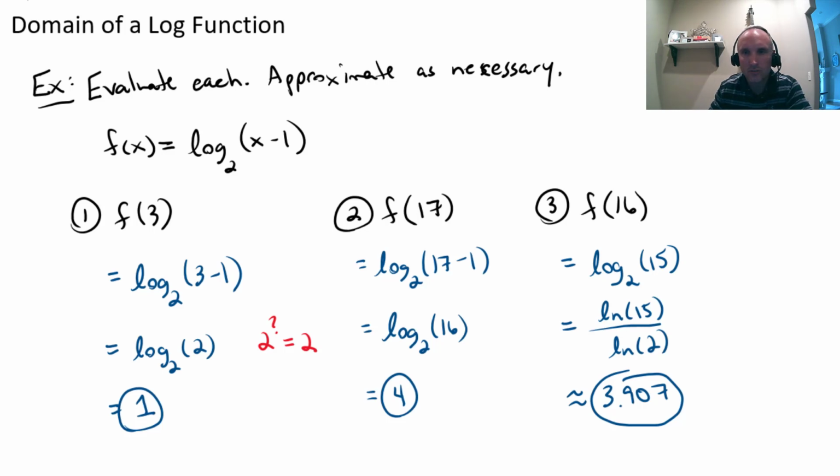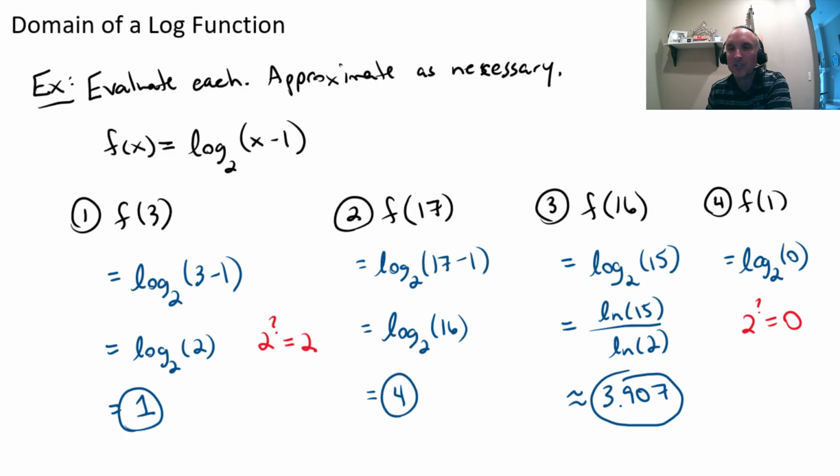Example 4. Let's look at f of 1. F of 1 would be log base 2 of 0, because 1 minus 1 is 0. And we have to be really careful here. We're trying to figure out what power do we need on a 2 to get 0. And I want you to understand that if you raise 2 to any power, if you're taking notes, this might be good to write down.